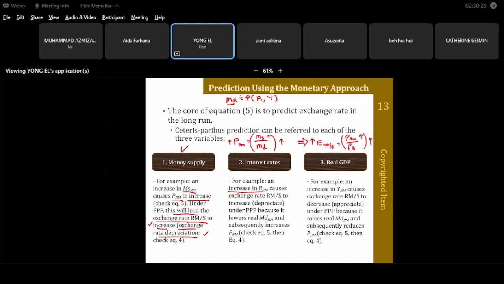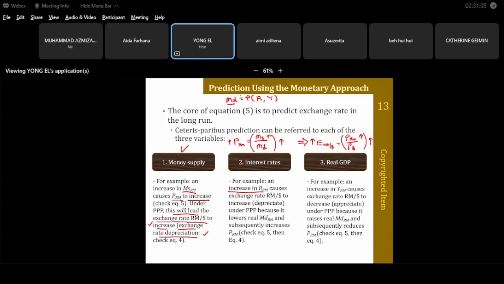That will reduce money demand to buy goods and services. When people demand money, meaning, for example, they withdraw money from the bank account to buy this or that, that is the process of money demand. If people put the money into the bank account, that is not money demand. That is actually reducing money demand because you don't use your money to buy goods and services. When interest rate increases, that becomes an attraction for people to deposit money, not to spend the money.